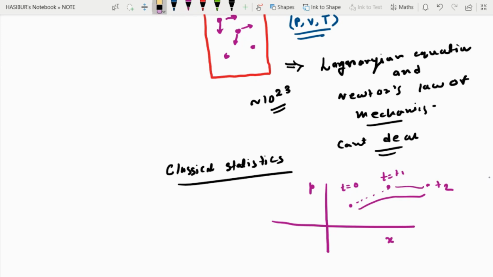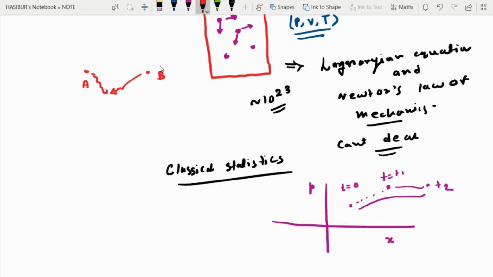Now we can also consider it in real space, in configurational space. So there are two particles inside this container. Let's take two. One of them is A and another is B. Now suppose they are moving, and at a certain time they collide.